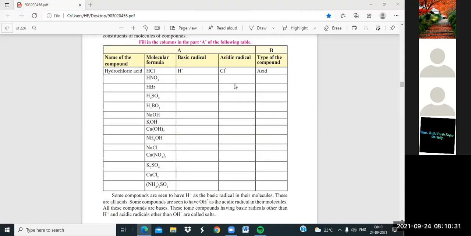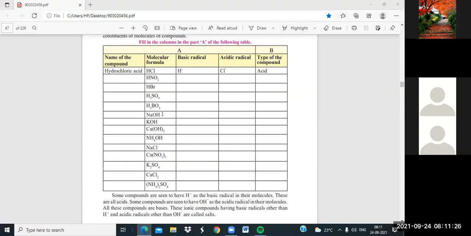Now HBr we are going to speak: it is hydrogen bromide. H2SO4, hydrogen sulfate. Then H3BO3, will someone tell me? Anyone, do you know about this? I think only one girl is giving the answer.